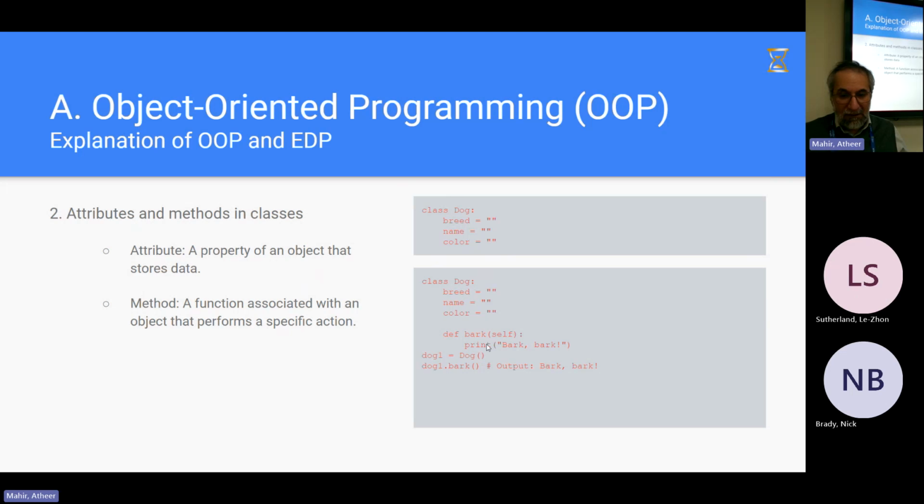So I define bark and print bark, just printing this. Then dog one is equal to Dog, so dog one dot bark. When I want to call it, I say dog one dot bark, and the output will be bark. You need to write this code to understand it better.